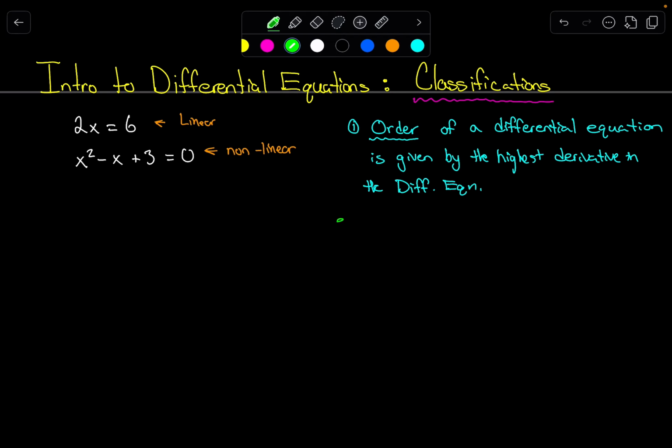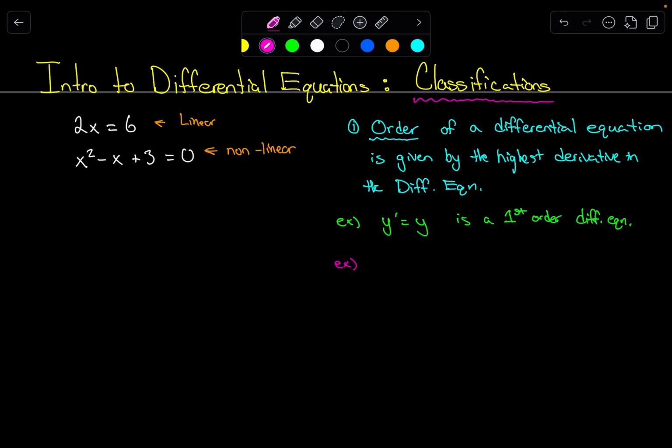So for instance, a differential equation that looks like y prime is equal to y is what we call a first order differential equation. Okay, it's first order because there is a derivative and it is a first derivative, and so that's that.